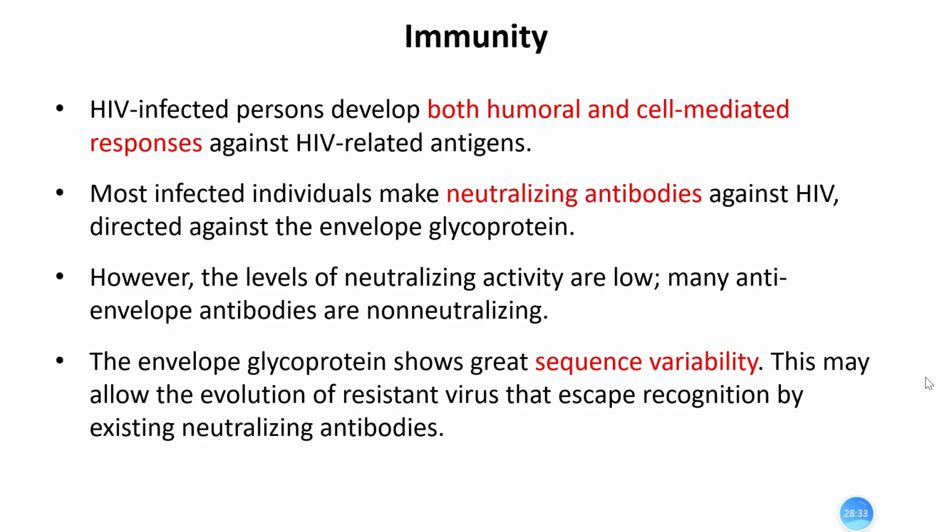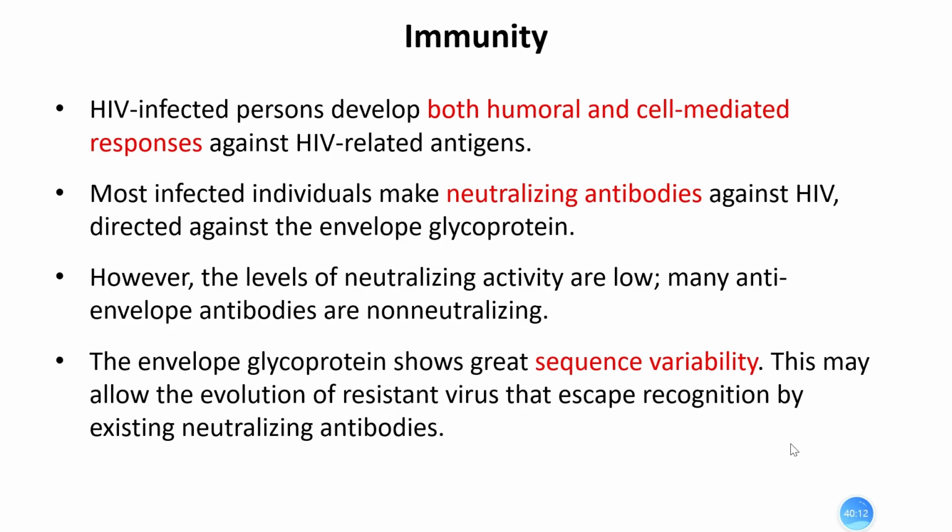In a person's body for like 10 or 12 years, the HIV virus in the human body is evolving, is changing all the time. So the antibody previously made cannot target the virus later, okay?